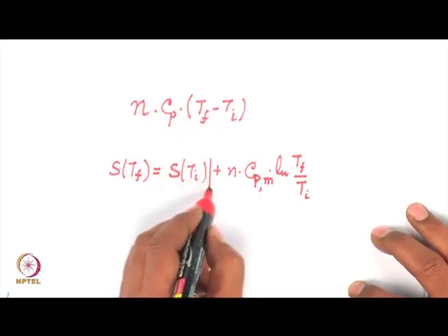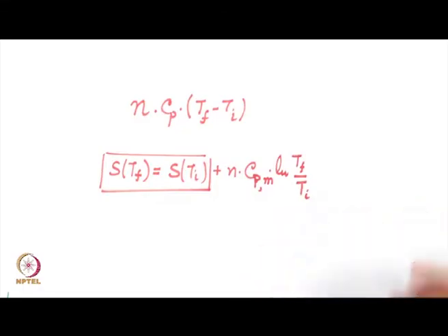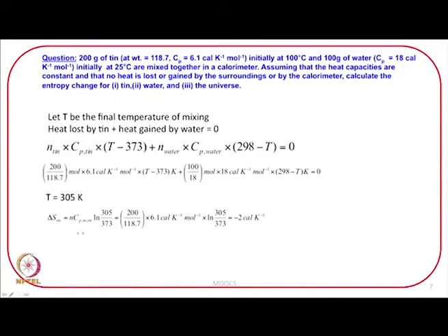So, what I am calculating is S Tf minus S Ti. Here I am talking in terms of molar heat capacity, that is why N is written over there. Once you substitute the value of N and the Cp and the log 305 by 373, which is the final and initial temperature, the change in entropy is minus 2 calorie per Kelvin.